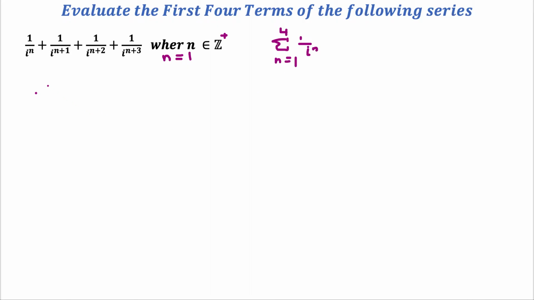So now if we take this form, we have 1 over i, where i is the imaginary number, plus 1 over, here 1 plus 1, i squared, plus 1 over 1 plus 2, which is 3, 1 over i to the exponent 3, plus 1 over i to the exponent 4.